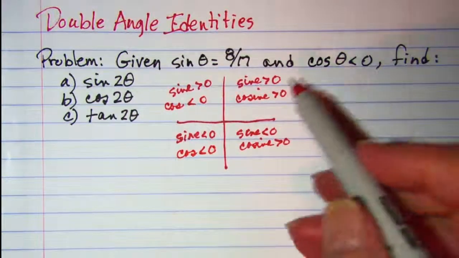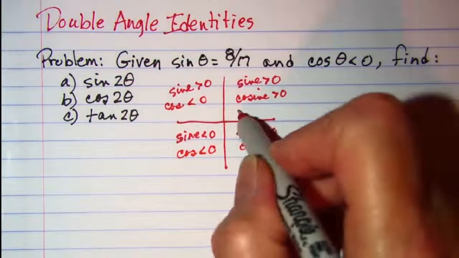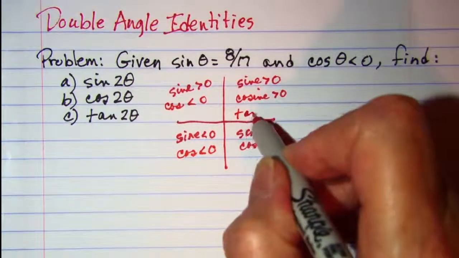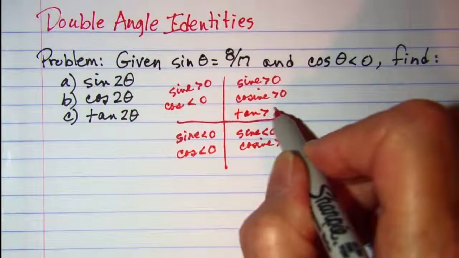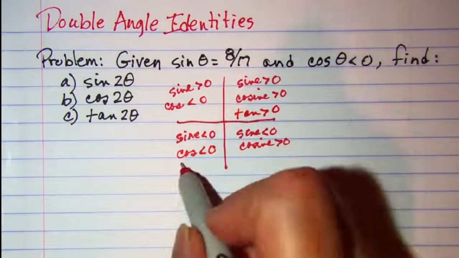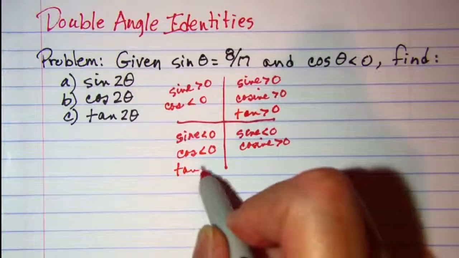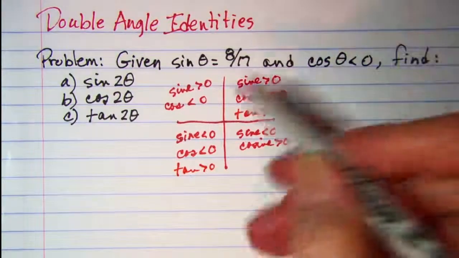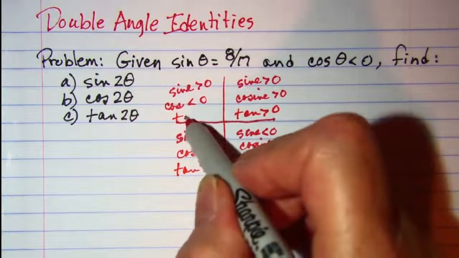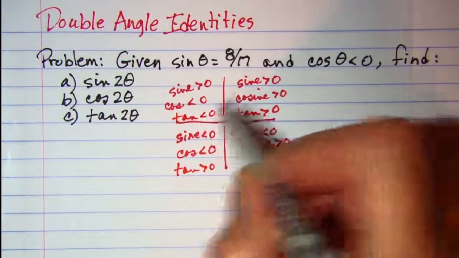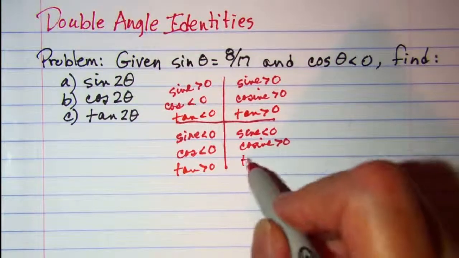And the tangent is positive in quadrant 1 and quadrant 3, and the tangent is negative in quadrant 2 and quadrant 4.